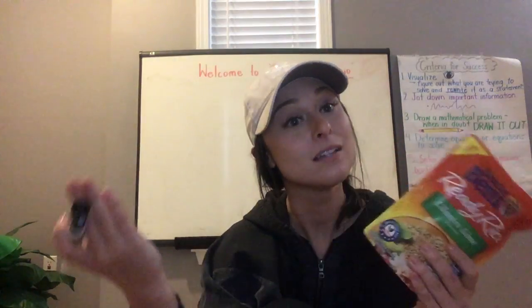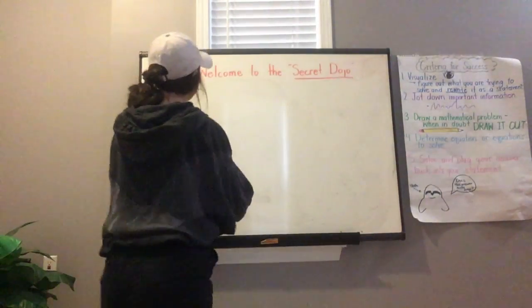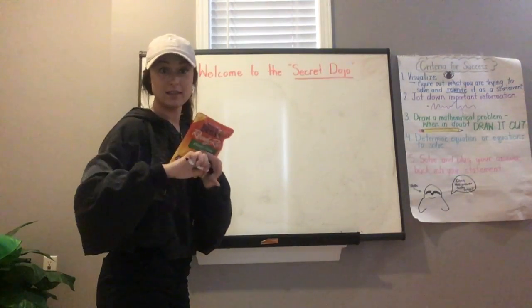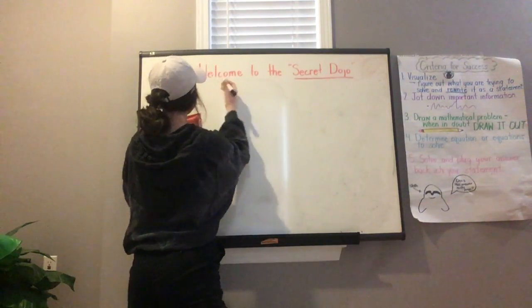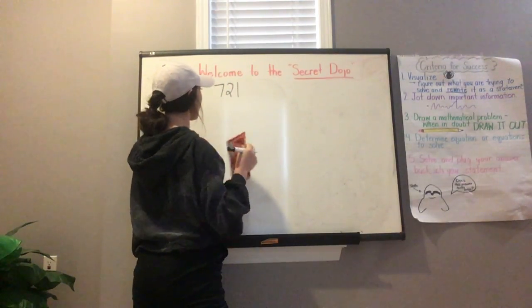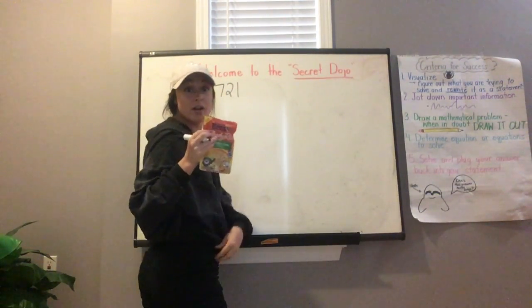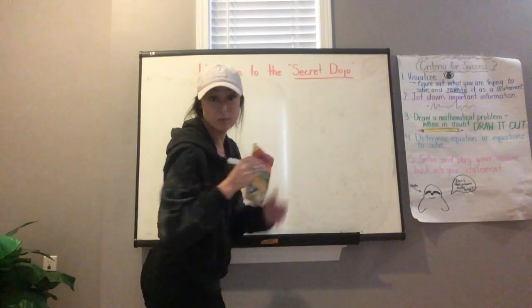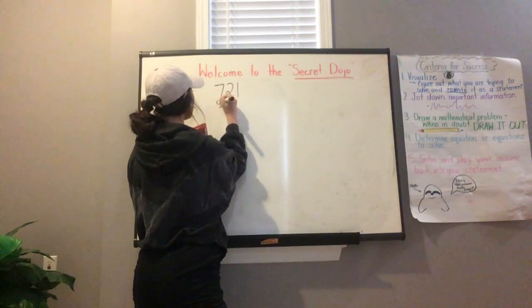So I'm gonna show you guys how I use division in everyday life, especially during quarantine. So I'm going to take this 721, okay? And I know I have a total of 721 grains of rice.